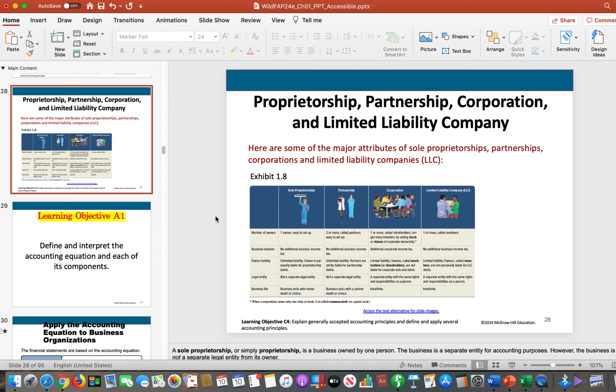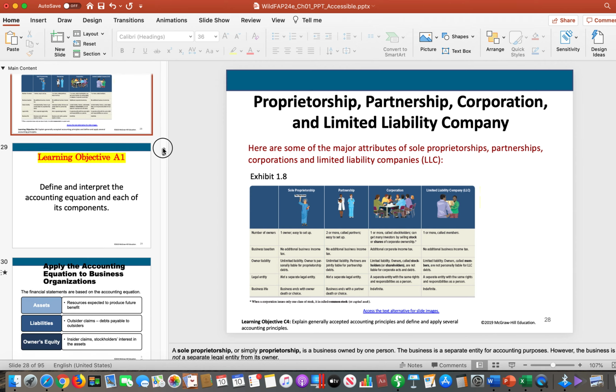In this class, we'll be dealing primarily with proprietorships. In the other accounting classes, you'll be dealing with corporations. In fact, 99% of what you'll be dealing with in other classes will be corporations. But for this class, we'll be dealing strictly with proprietorships, that is, a single owner. So study this slide on your own.